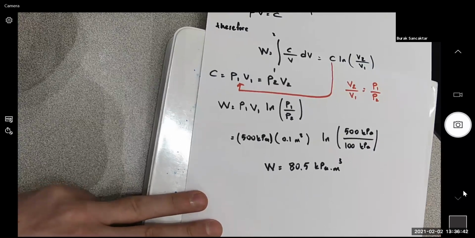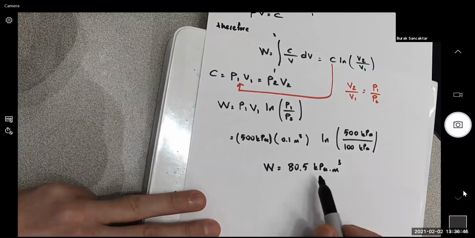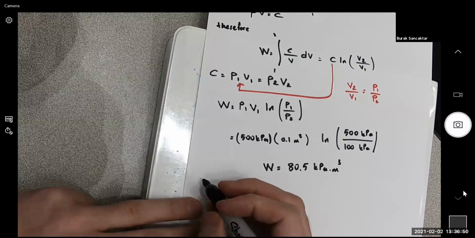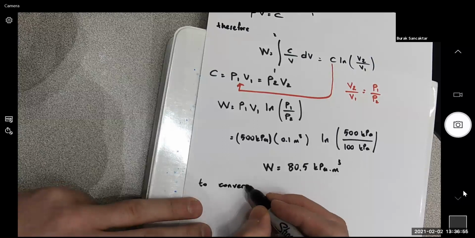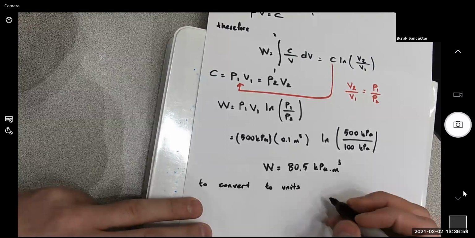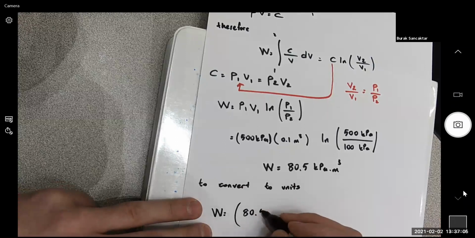But we are asked to find it in kilojoules, right? So we need to convert the unit. Work equals 80.5 kilopascal meter cube.